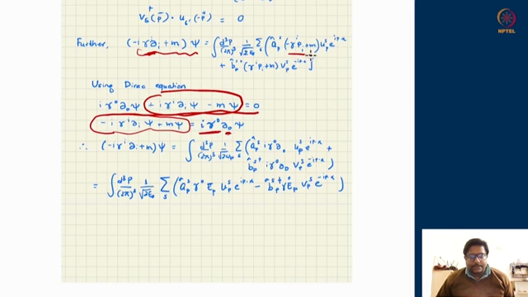So why not do that? Why take this operator with 3 derivatives and 3 matrix multiplications? Better to use 1 derivative and 1 matrix multiplication. So del naught will hit only the exponential part, because the temporal dependence is only there. Similarly in the second part also, the derivative will hit only the exponential part. This was a positive frequency term, so it will give me an E_p out.